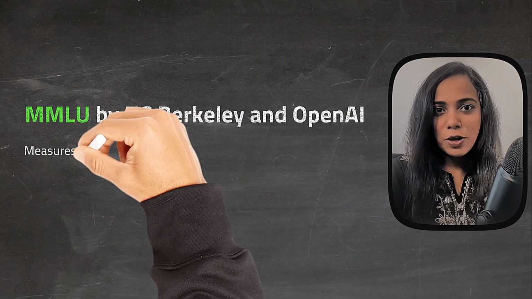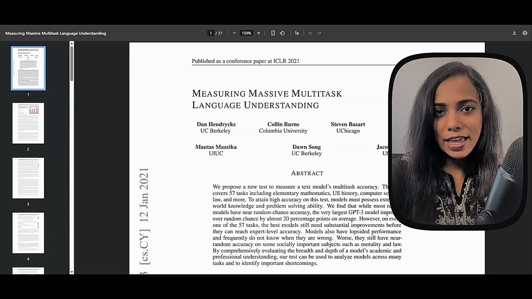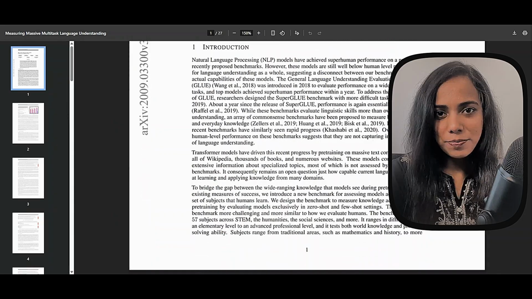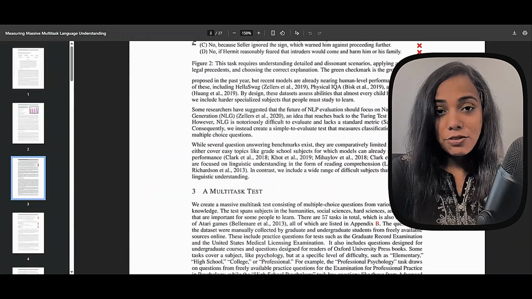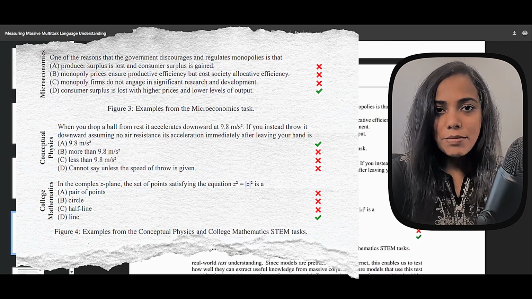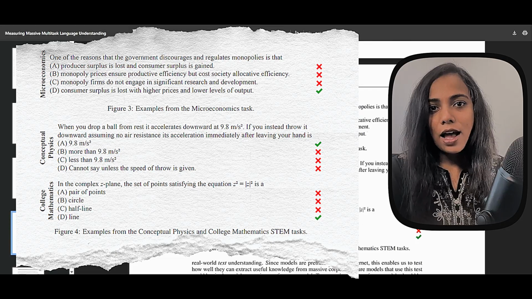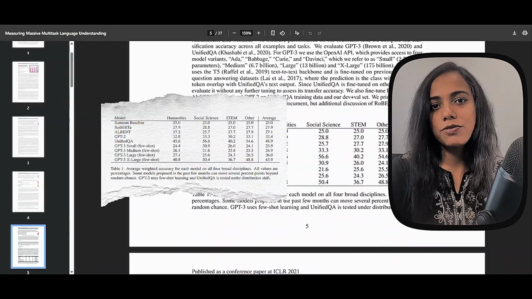Let's dive into MMLU, which is short for Massive Multitask Language Understanding Benchmark. This isn't your typical language test. Instead of focusing just on simple text comprehension, MMLU evaluates how deeply your AI understands various fields of knowledge.